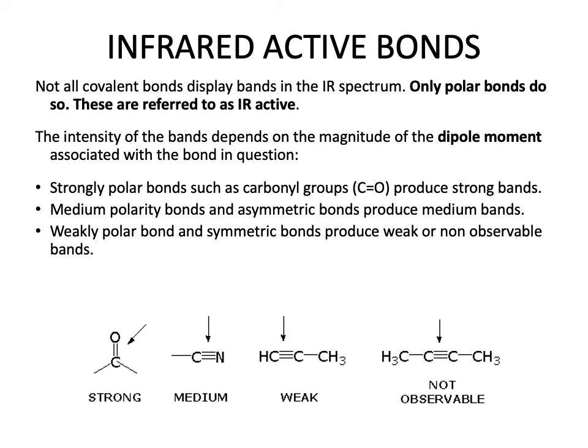Usually the polar bonds like CO bonds and C=O double bonds have a strong IR absorption. For the C≡N triple bond, we have a medium absorption, and we have a weak absorption for terminal carbons. And usually in symmetric formulas, there is no vibration and absorption.